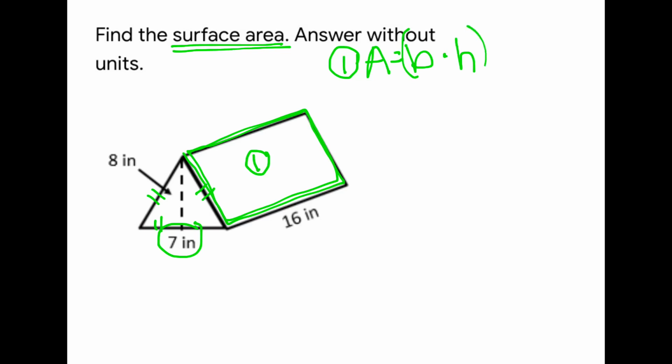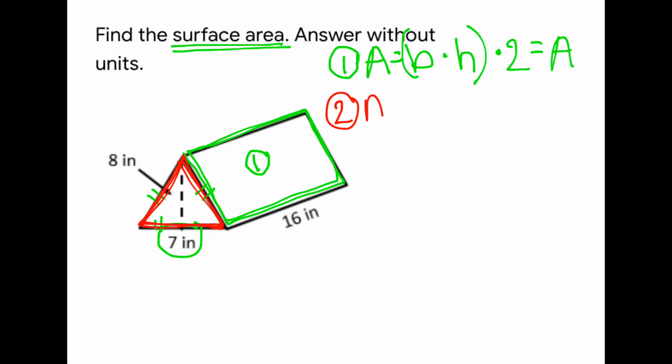Now that you've found that area, there are 2 sides to the tent. So you need to multiply by 2 to get your total area. Step 2, we are going to find the area of the front of the tent, which is a triangle.